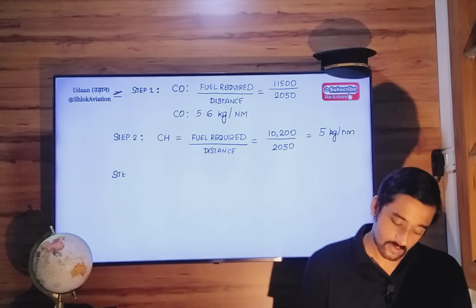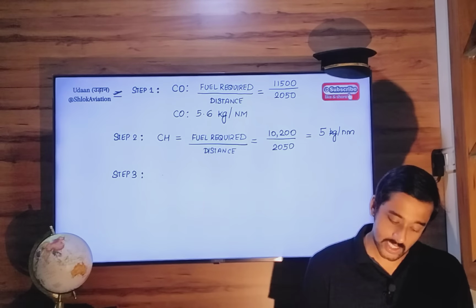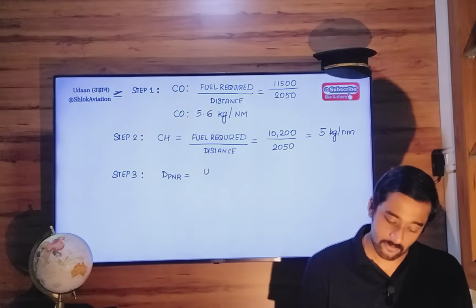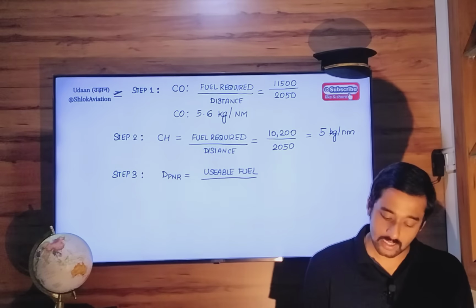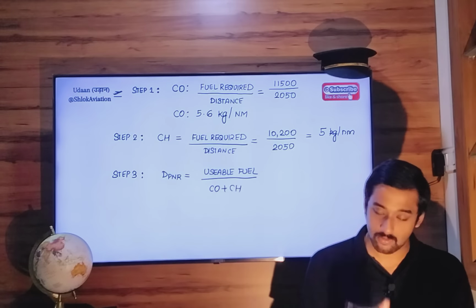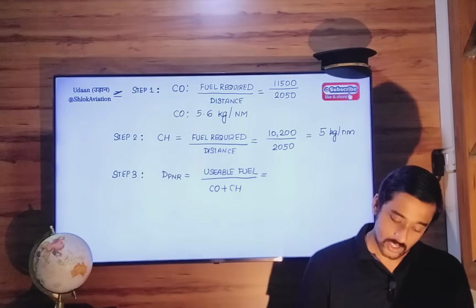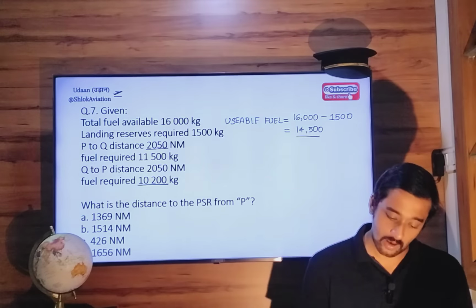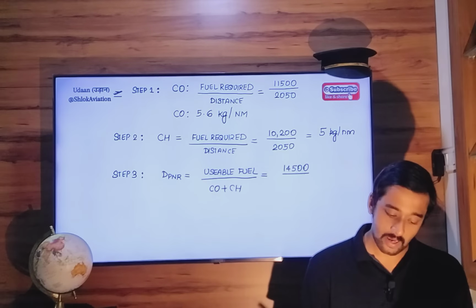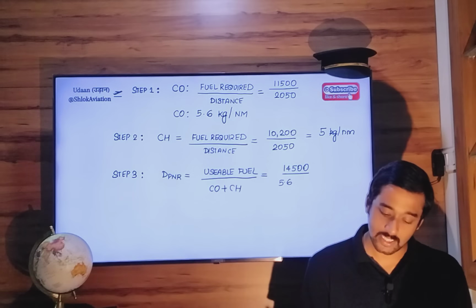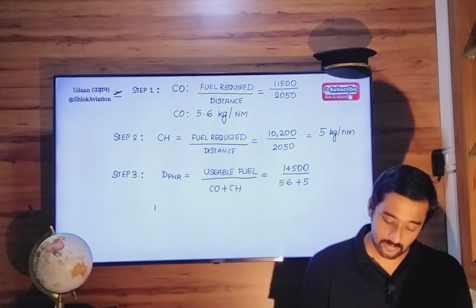Step 3, distance to PNR is equal to usable fuel divided by consumption outbound plus consumption homebound. So usable fuel is 14,500, divided by consumption outbound 5.6 plus consumption homebound 5.